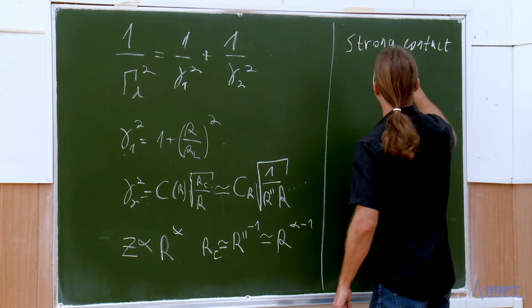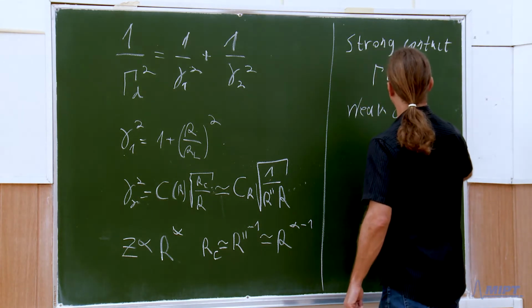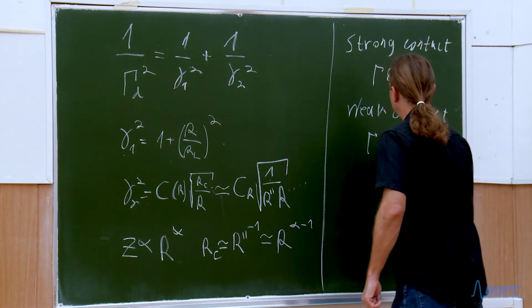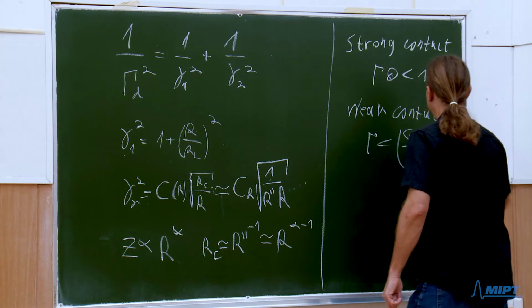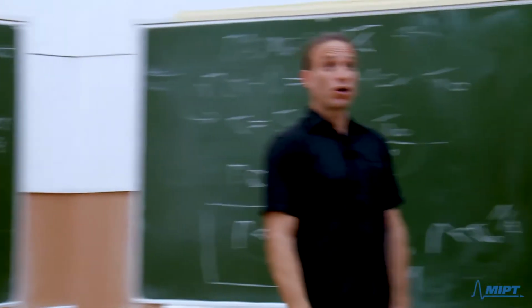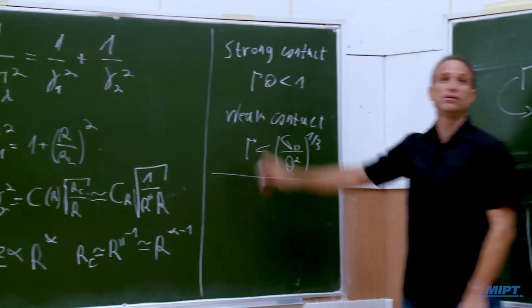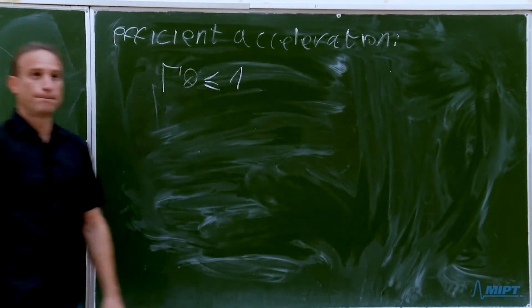So gamma theta is smaller than 1. Weak contact, gamma is smaller than sigma 0 divided by theta squared, to the power of 1/3. Okay? So to get strong causal contact all the way, I need always to maintain that gamma theta is smaller or equal to 1.